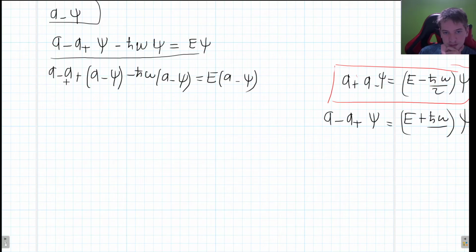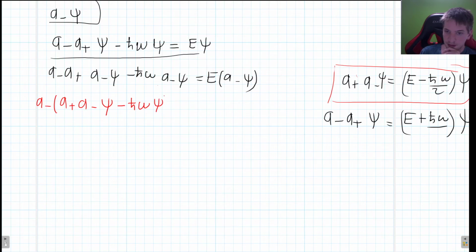Similarly as before, we just multiply here, we remove these brackets, and we can now factor from the left this a minus term. So we get a plus a minus times psi minus h bar omega times psi. This is very similar to what we had right here, right?